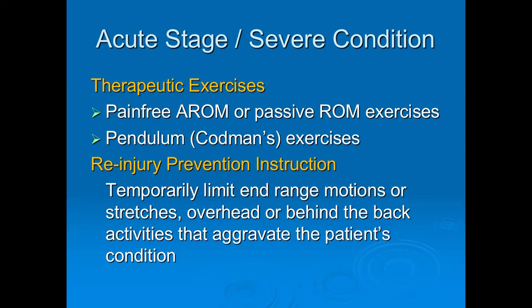Similarly, we will also educate the patient to protect themselves from re-injury. So we will have to limit end-range motion or stretches, overhead or behind the back activities, because all these activities will recreate and aggravate the patient's condition.